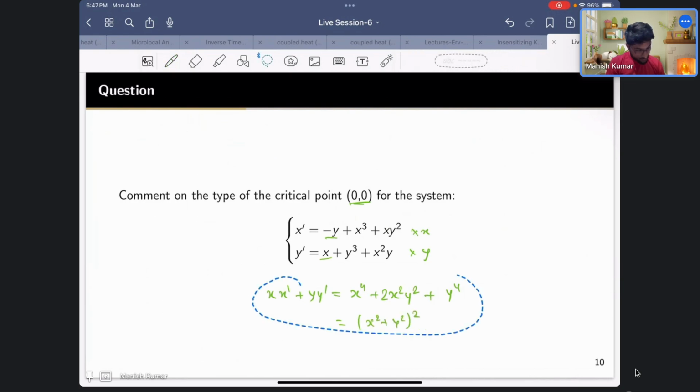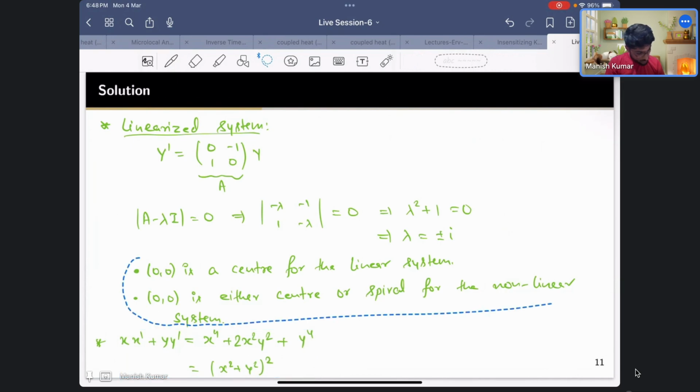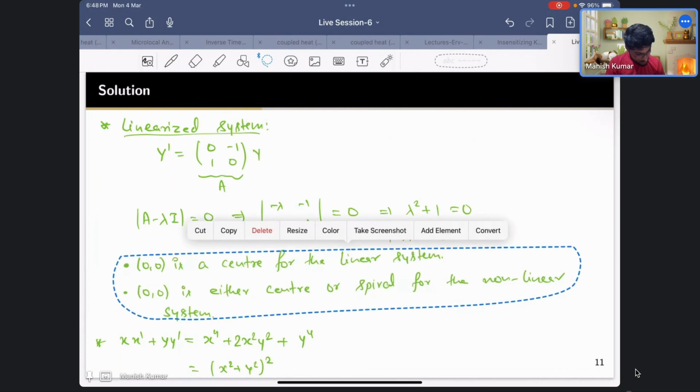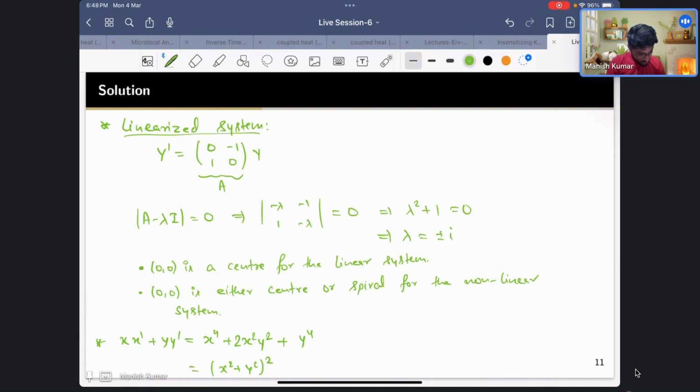So from here you can conclude d/dt of 1/2 (x square plus y square) is (x square plus y square) whole square. You can throw the 2 here, so this is the formulation.